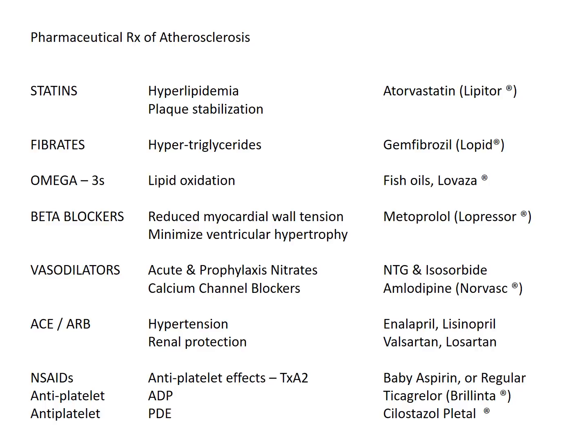Lipitor is a statin drug which treats hyperlipidemia and stabilizes plaque, lowering risk of a cardiovascular event. Lovaza and fish oils are omega-3 fatty acids that block lipid oxidation. Enalapril and lisinopril are ACE inhibitors, and valsartan and losartan are ARB drugs, angiotensin receptor blocking drugs, all for managing hypertension.